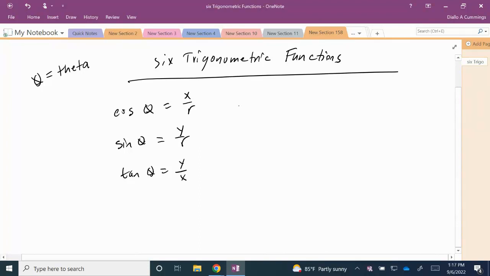The reciprocal of cosine is secant, and that is r over x. The reciprocal of sine is cosecant, and that's r over y. And the reciprocal for tangent is cotangent, and that's x over y.